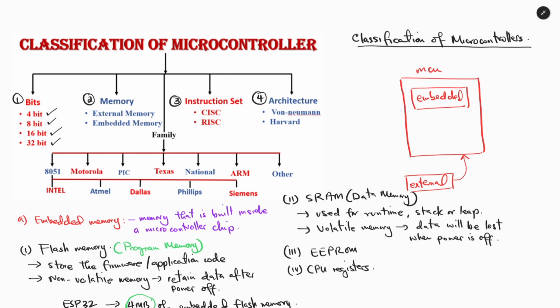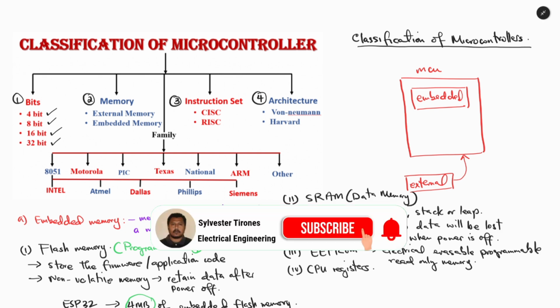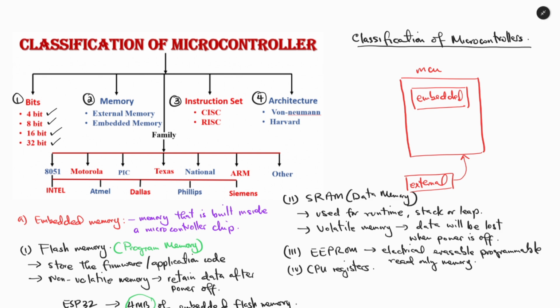Later we will discuss what EEPROM is, known as electrically erasable programmable read-only memory, and we will discuss in detail what the EEPROM and the registers are. So those are some examples of memory that can be an embedded or internal memory of a microcontroller.